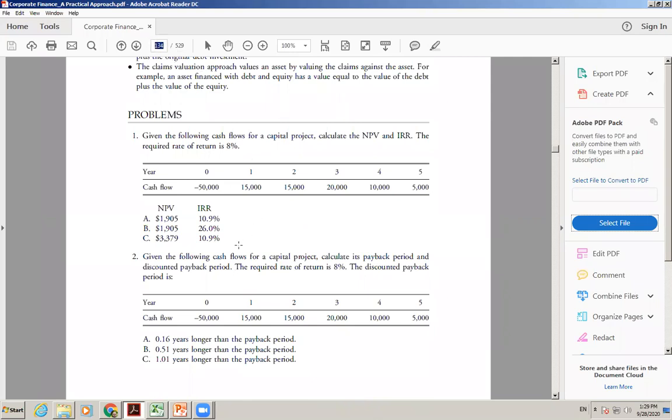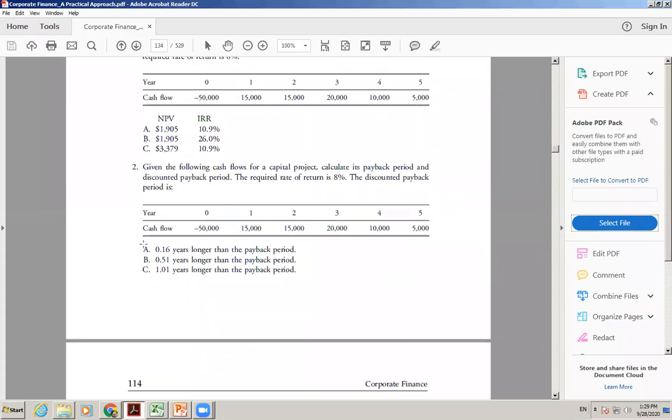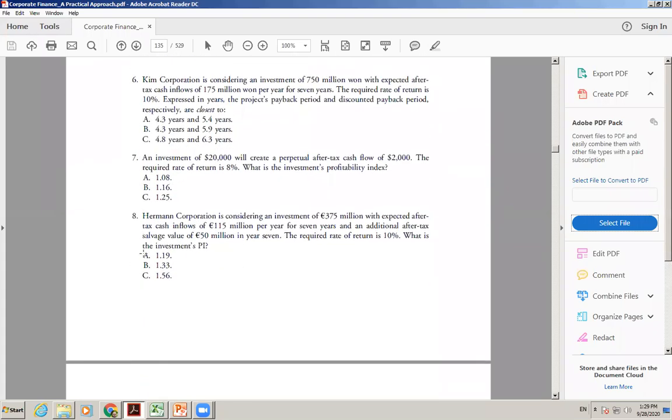I'm giving you now activity number 3. This activity you have to do on your own now, from problems 1 till question 10.